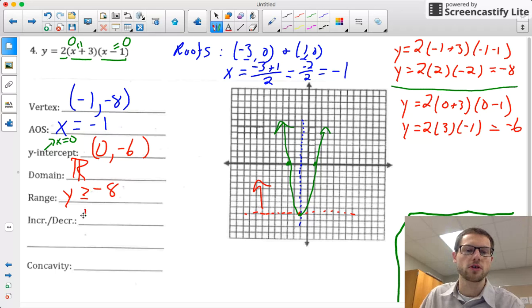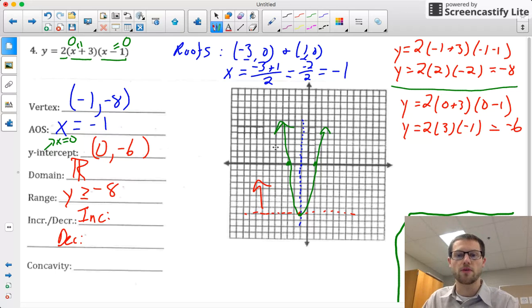And as far as the increasing, decreasing, this is a tricky one for a lot of us. But remember, every quadratic has both a period of increasing and a period of decreasing. So if I were to think about splitting this thing in half, everything to the right of my vertex is increasing.